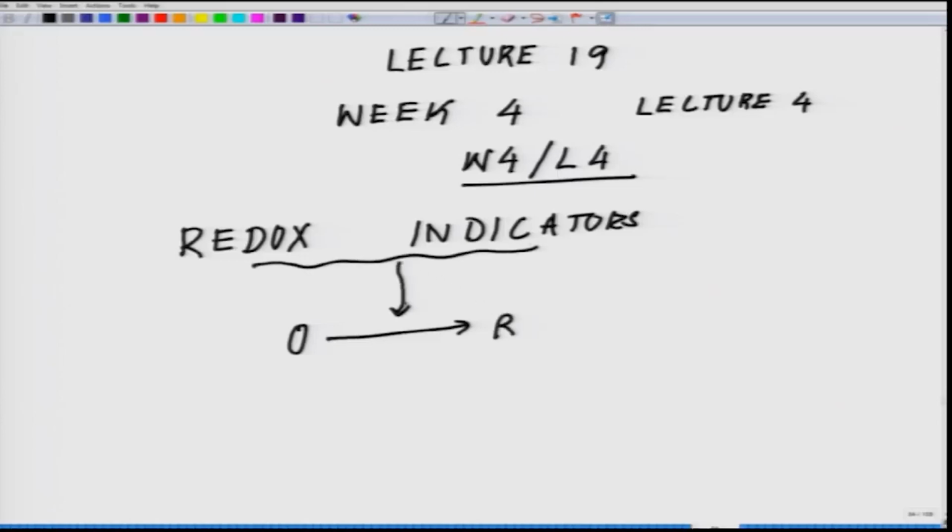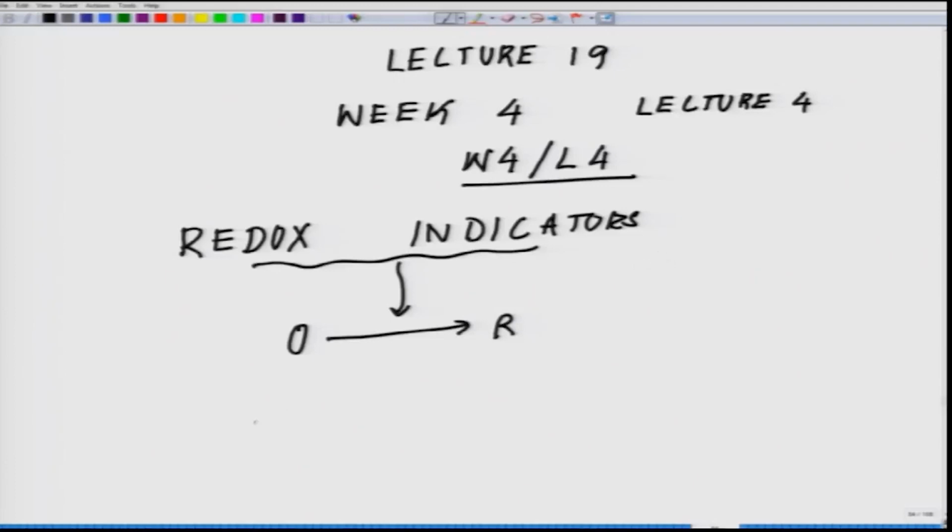The indicator ferroin changes from pale blue or almost colorless to red. So, oxidized ferroin is pale blue in the oxidized state. As soon as it gets reduced, it changes to red.